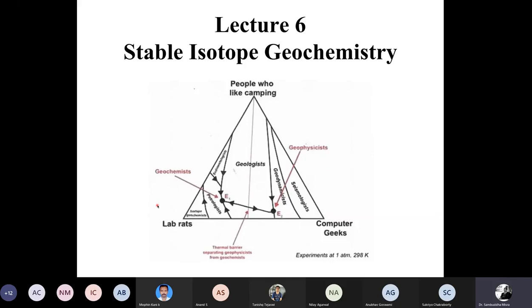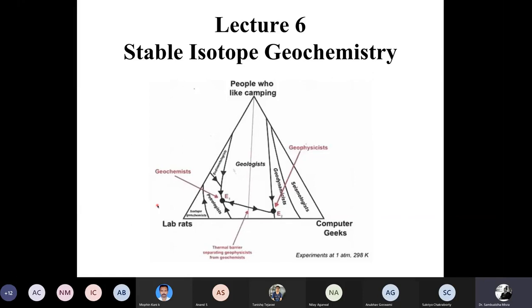So stable isotope geochemistry has a very strong application in terms of environmental tracer. We can fingerprint sources, we can fingerprint sinks. It's extensively used in archaeology to talk about what was the diet like, where people migrated from, because at the end of the day, you are what you eat.